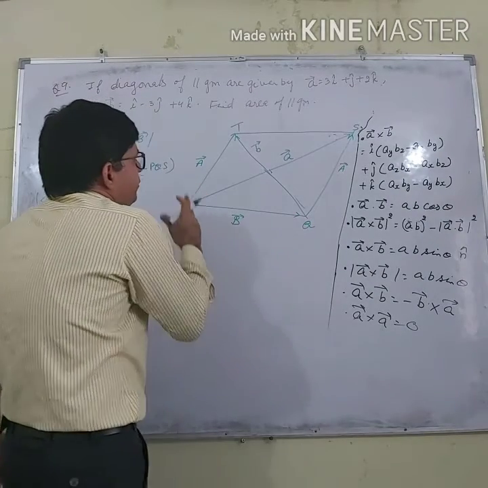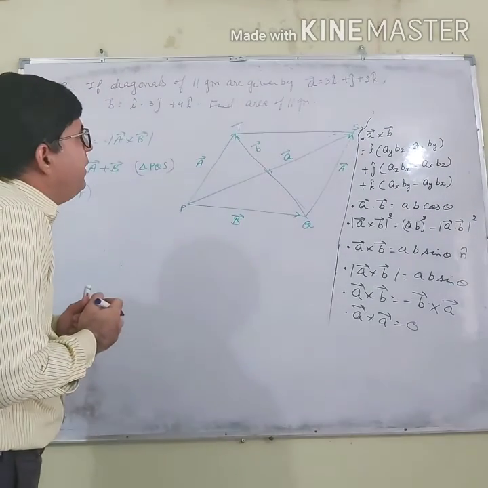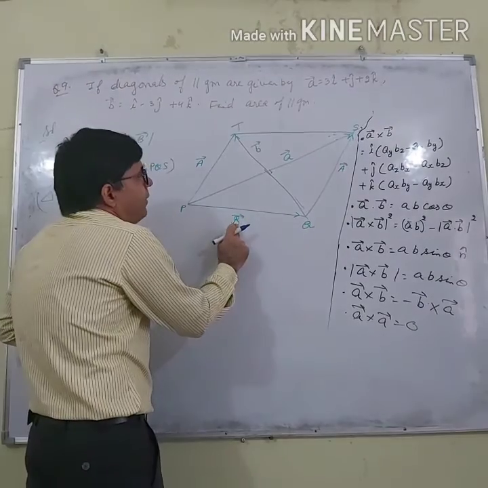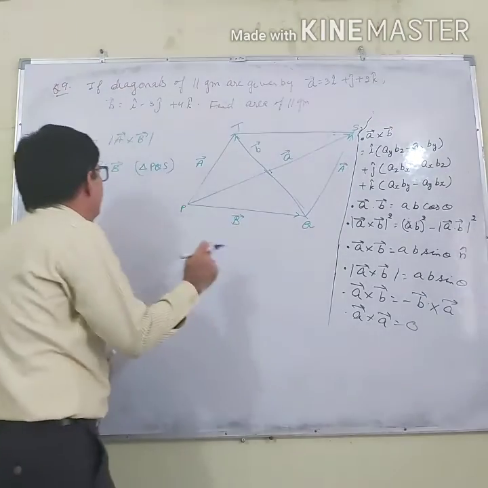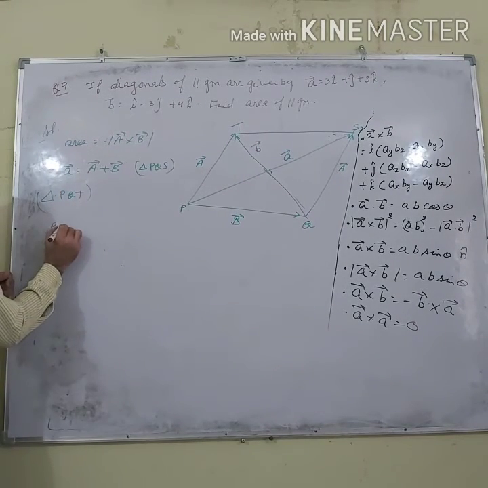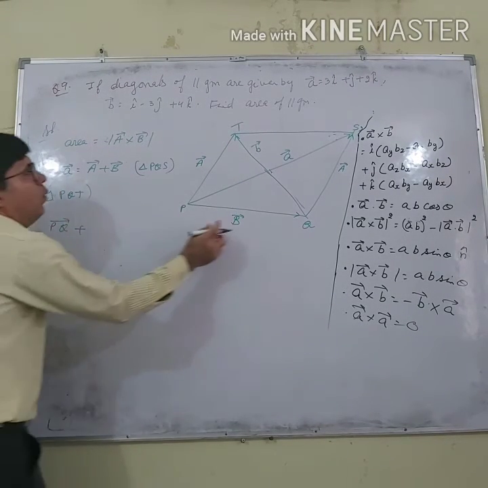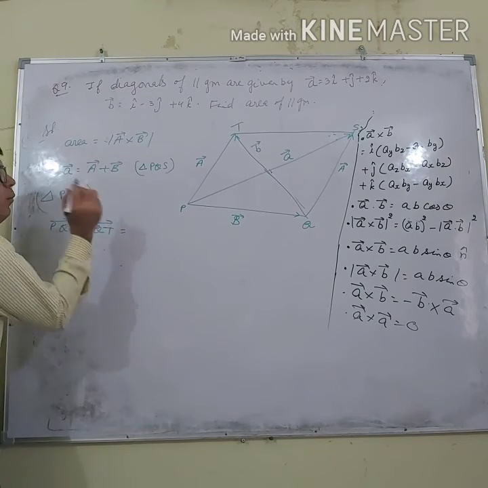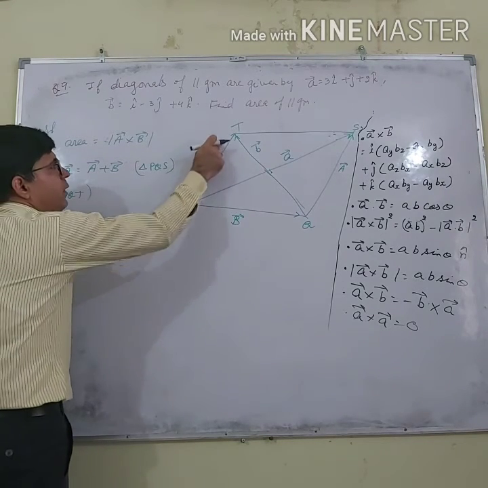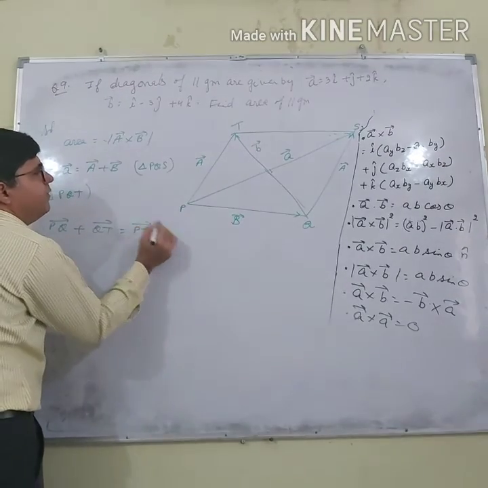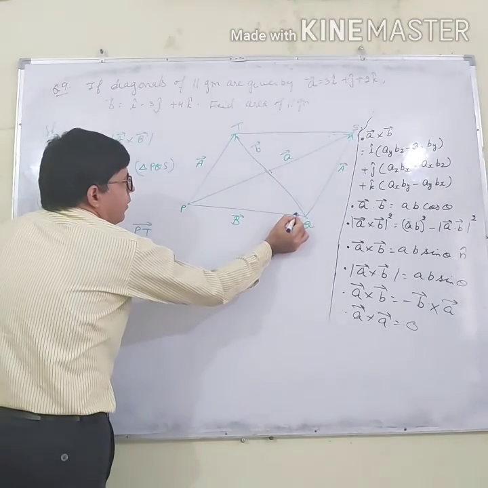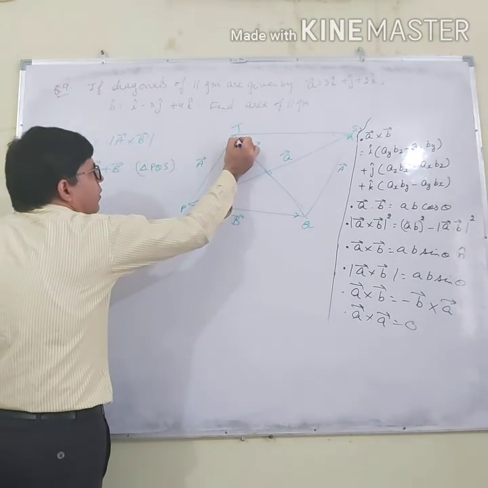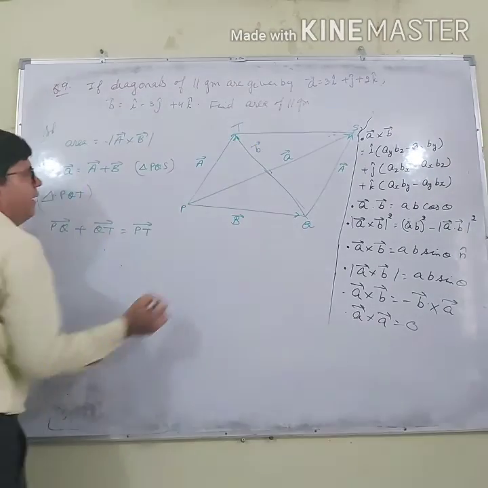Now, in triangle PQT, vector PQ plus vector QT are in the same order, and it will be equal to PT, because PT is in opposite order. Same order means the arrowhead of one falls on the tail of the next, and opposite order means tail, arrowhead, tail.